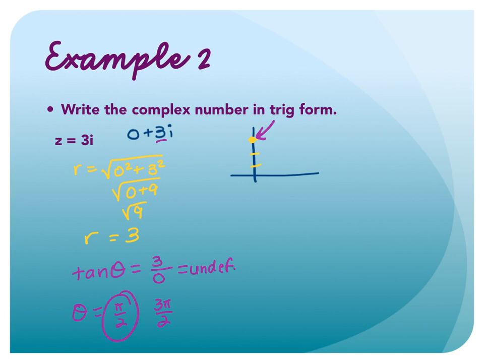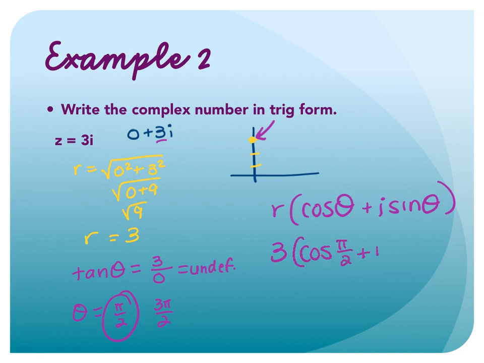So now I have both r and theta. And I would write this as r times the cosine of theta plus i sine theta, or 3 times the cosine of pi over 2 plus i sine pi over 2.